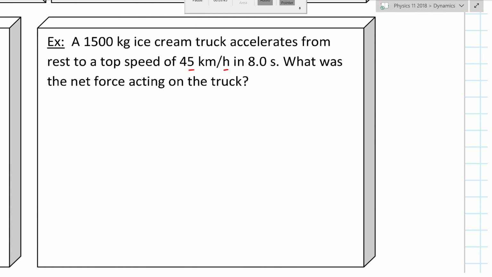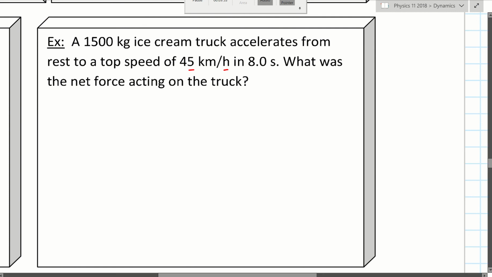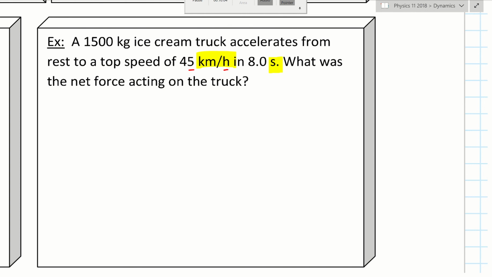A 1500 kilogram ice cream truck accelerates from rest to a top speed of 45 km per hour. Ew. Immediately upon seeing the km per hour, we go ew because the rest of the question is in seconds and presumably also in meters. So our first step is not actually solving this question, it's finding out what V final is.